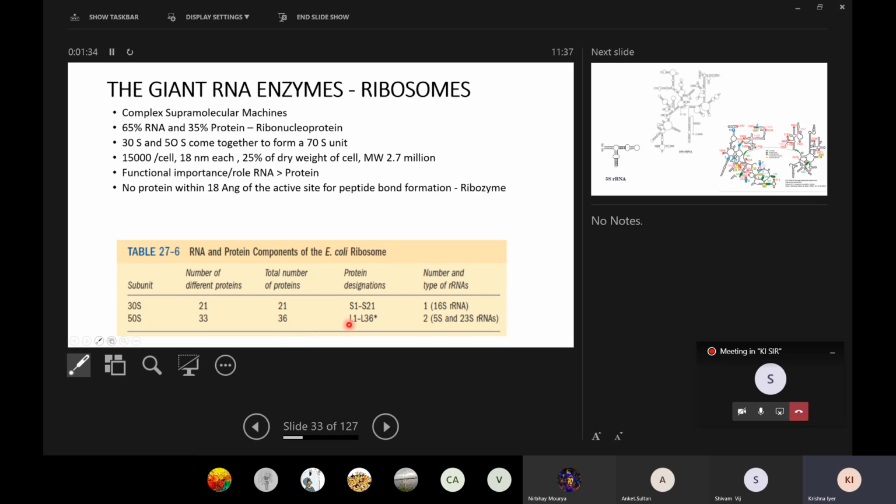For example, normally let us say in the template there is an A, then I'm supposed to add a T. By mistake I add a C, which I should be adding only if there is a G. When I make such an error, the polymerase is able to correct it. But the polymerase is not able to distinguish whether at the sugar position there is an extra OH or not. That is why you will find that it is unable to correct that error.